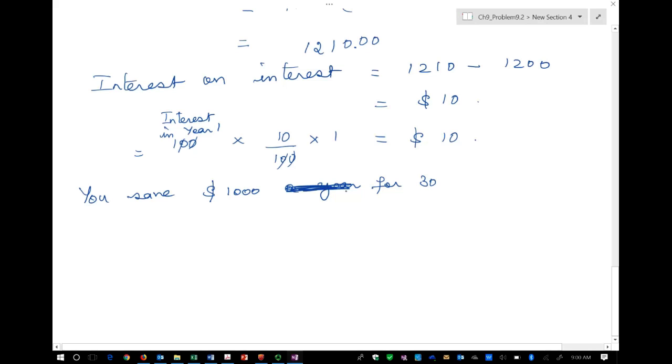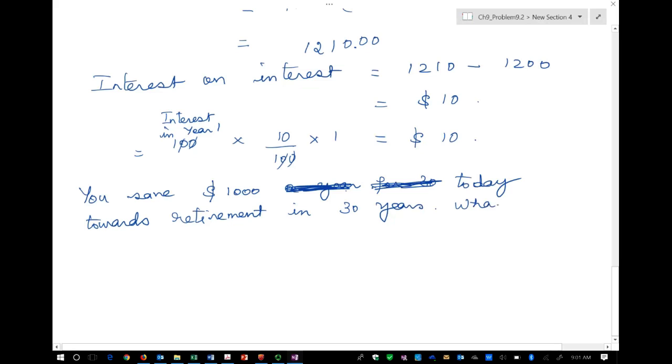You save $1,000 today, because that $1,000 a year will complicate things. We will get to that a little later. Okay, you save $1,000 today towards retirement in 30 years.